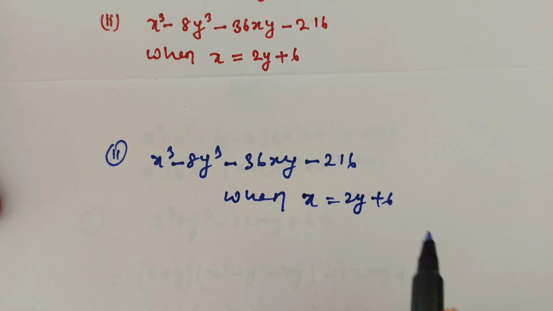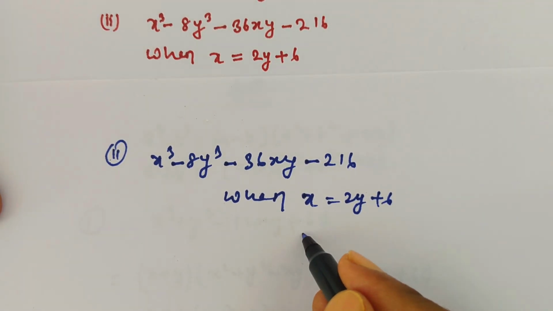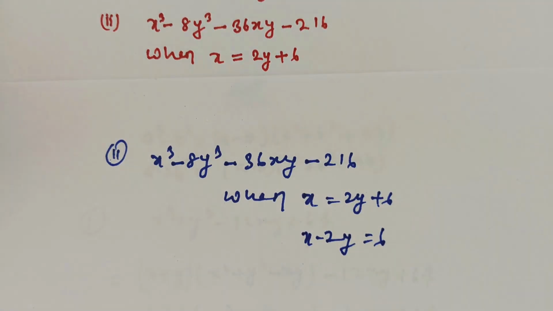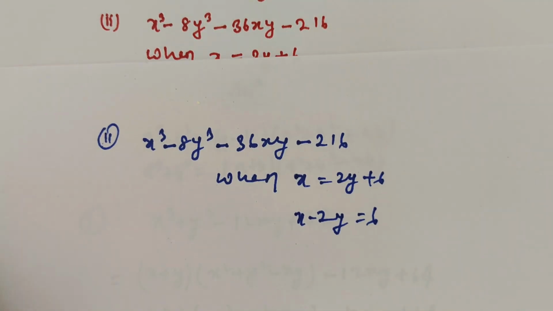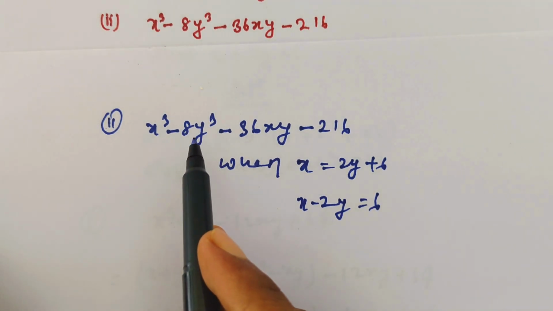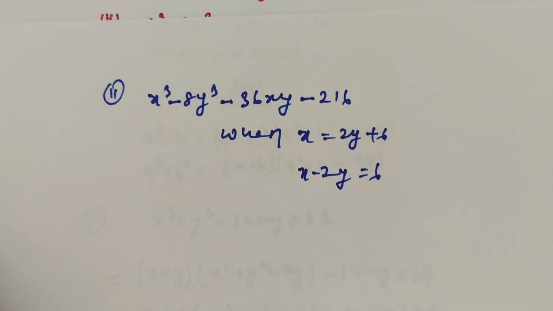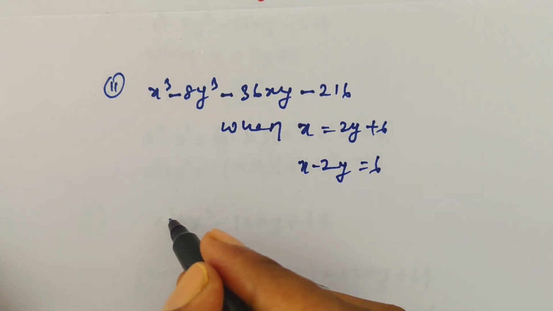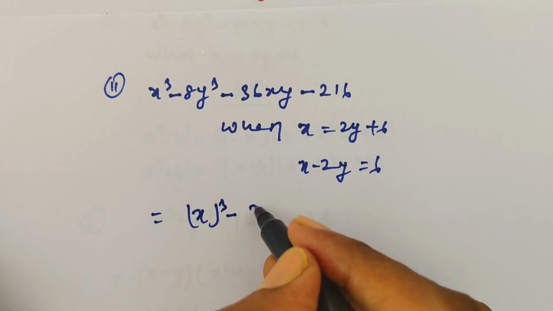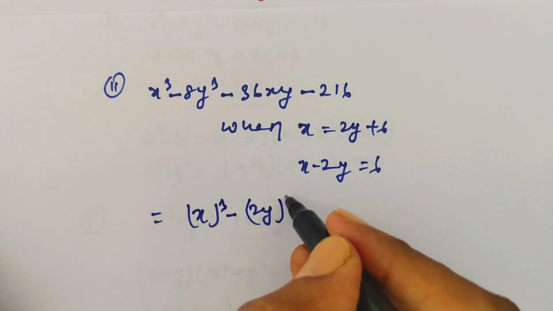So here x equals 2y plus 6; if I write x minus 2y equals 6, then there is no problem for anyone. Now you can factorize these two parts. x cube minus 8y cube is a perfect cube, so you can write x whole cube minus 2y whole to the power 3.